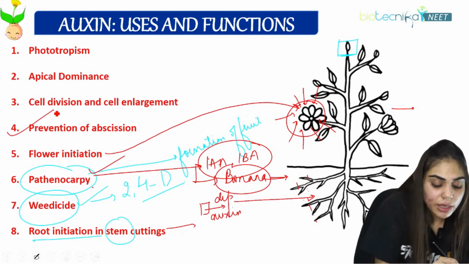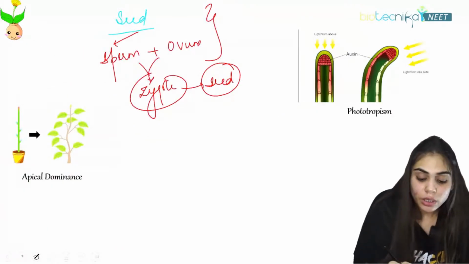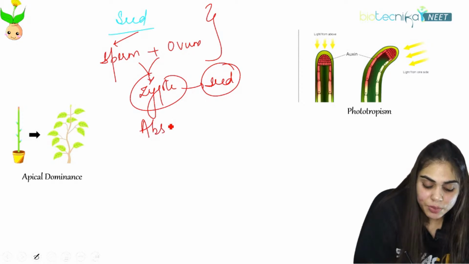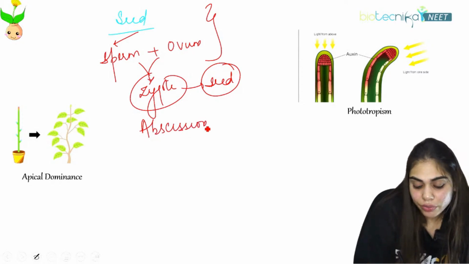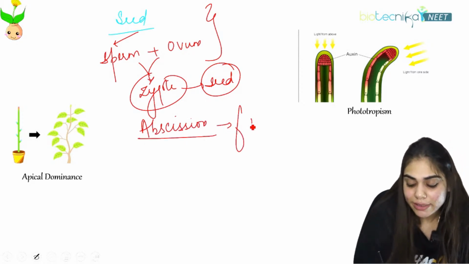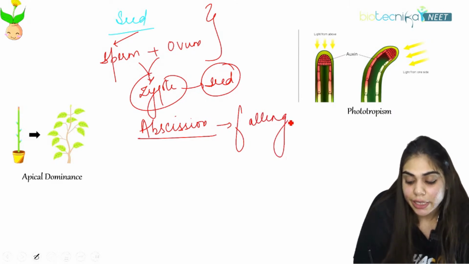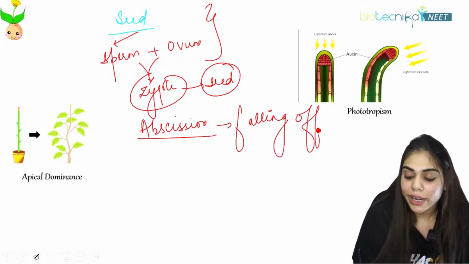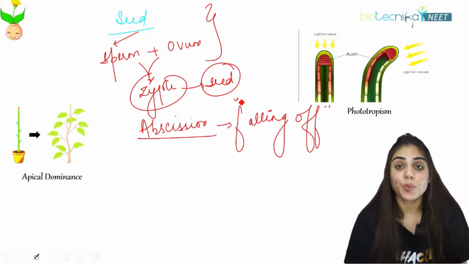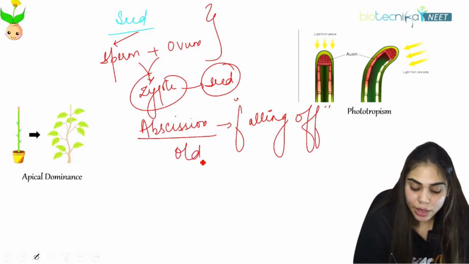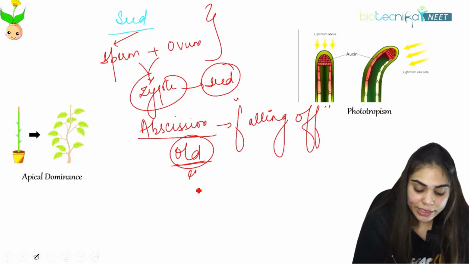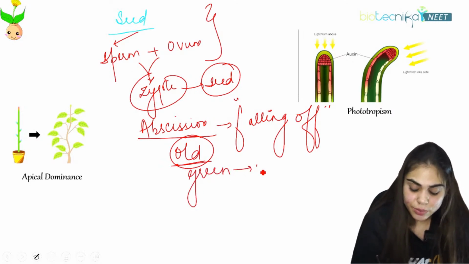It also helps in the prevention of abscission. Now what is abscission? Abscission is the falling of leaves. You have already seen that the leaves that turn yellow will fall off. Why is it falling off? Because it has become old. The yellow leaves are old and the green leaves are young leaves.